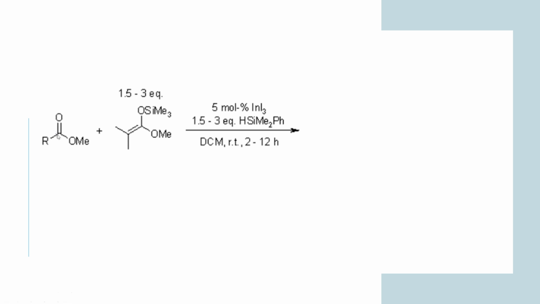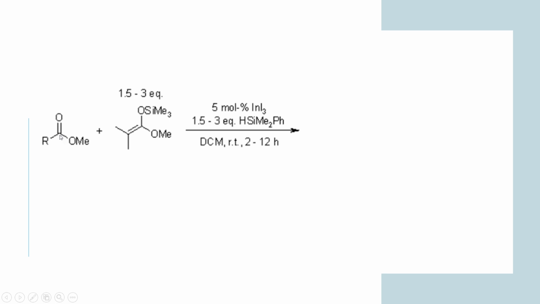Okay, so we have already looked at the mechanism, and understanding the mechanism, you can start solving this question. What will happen in the first step? The Lewis acid which is given here is going to coordinate with this oxygen atom, which is going to increase the activity and electrophilicity of this carbon center.